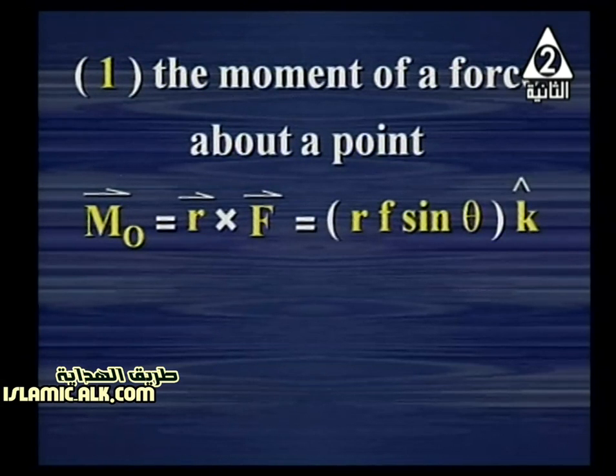In this case, the magnitude is R F sine theta. Why? By magnitude, the component of F is F sine theta. We replace F vector by F sine theta and R vector by R, and we multiply R times F sine theta.